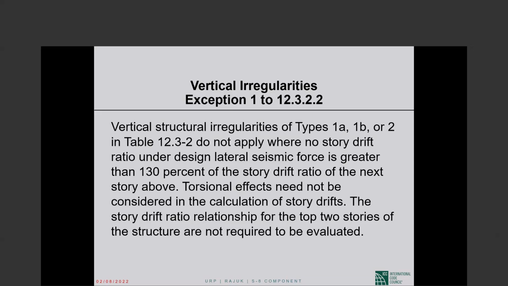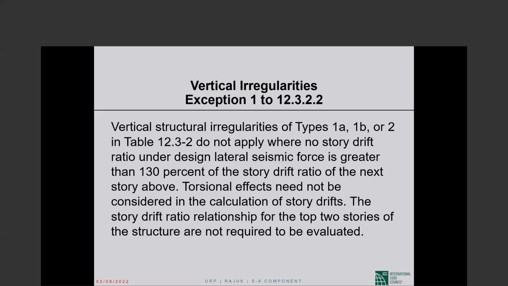No story drift ratio under designed lateral seismic force is greater than 130% of the story drift ratio of the next story above. Torsional effects need not be considered in the calculation of story drifts. The story drift ratio relationship for the top two stories of the structure is not required to be evaluated.